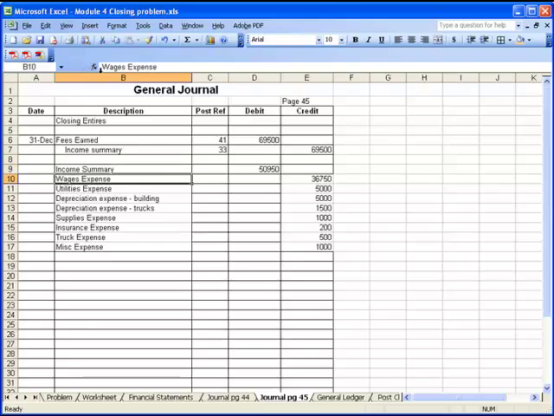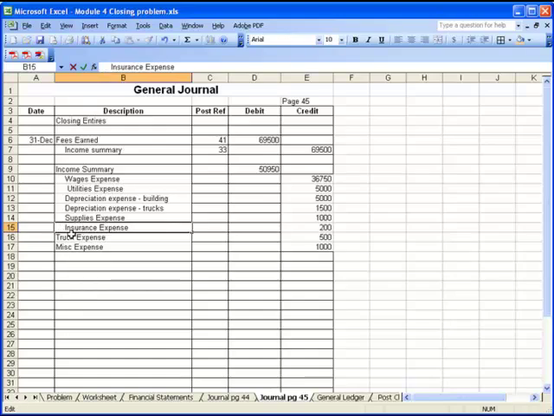Now, to be proper here, we're going to need to indent these to show them as credits, but this will still save us some time. And now we've completed our journal entry. We have a credit entry to each of our expense accounts, and we have a debit entry to income summary.